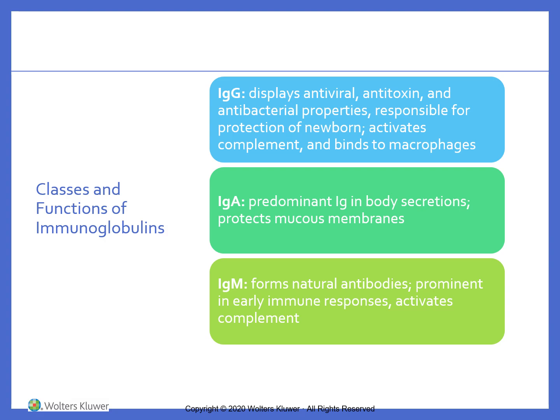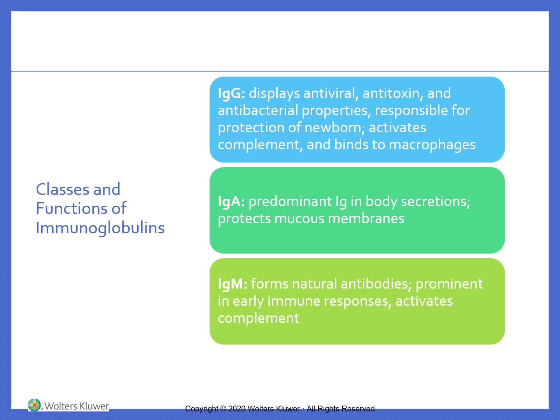They activate the complement system within the immune response, and they can bind to macrophages. The IgAs are the predominant or most common Ig in body secretions. So they help to protect the different mucous membranes. We find IgAs in the mucous membranes in different bodily secretions.